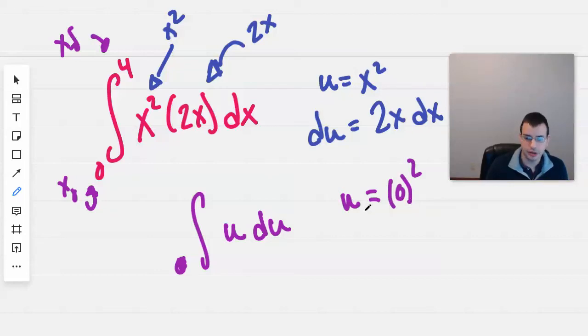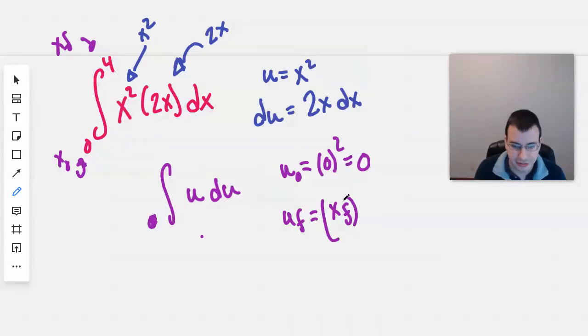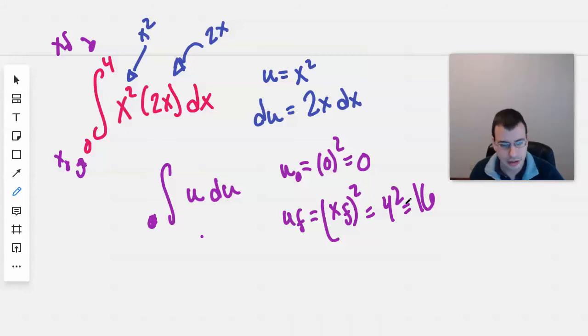This will be u initial, and that equals 0. U final equals x final squared, which in this case is 4 squared, which is 16. So the limits of integration we would change would be from 0 to 16 for du.